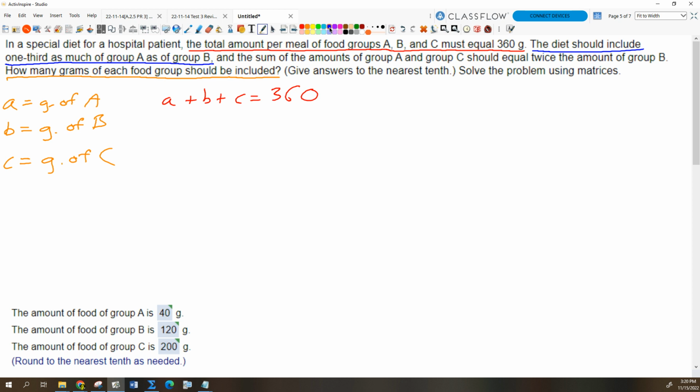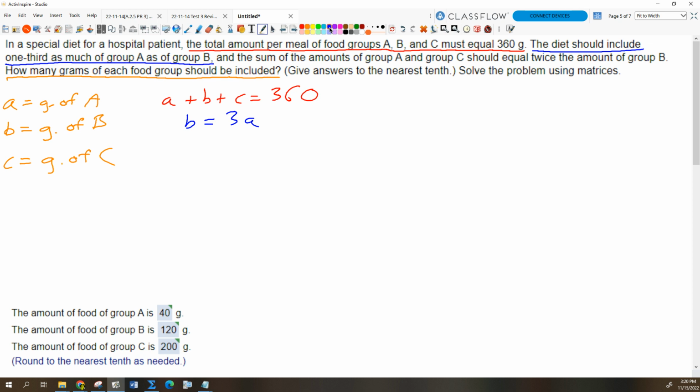Okay, so A is 1/3 as big as B, right? B is how many times bigger than A? 3, right? Okay, so we could say this one of two ways. I could say A equals 1/3 B, or I would probably say it this way. B equals 3A, right?